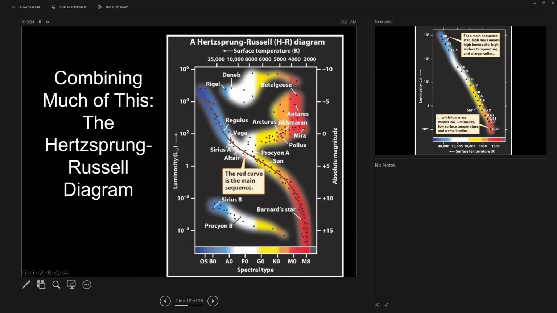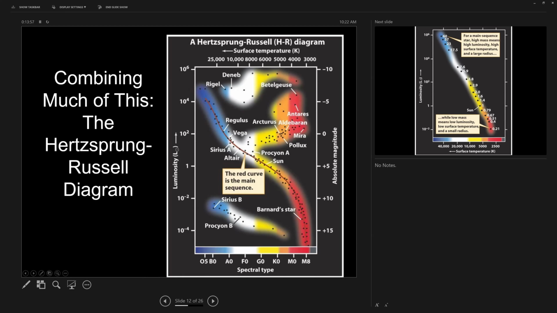On the horizontal axis, if you look at the one up here on the top, it's got surface temperature, and it does it in kind of a weird way where the highest temperatures are over on the left end, and then you descend in temperature as you move toward the right. So the temperature scale runs in the opposite direction.